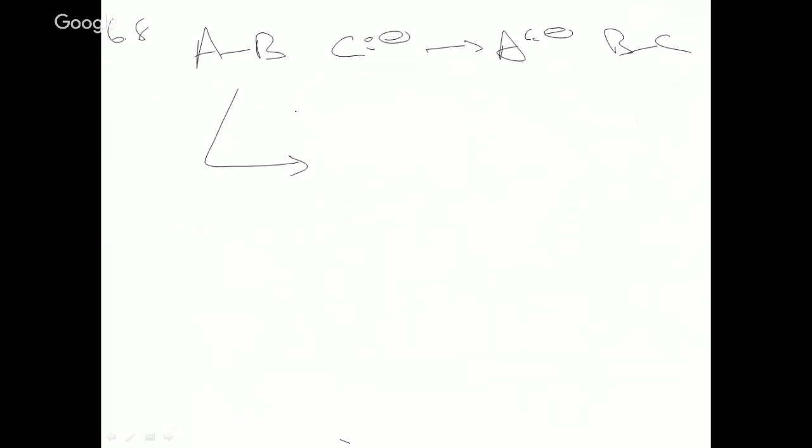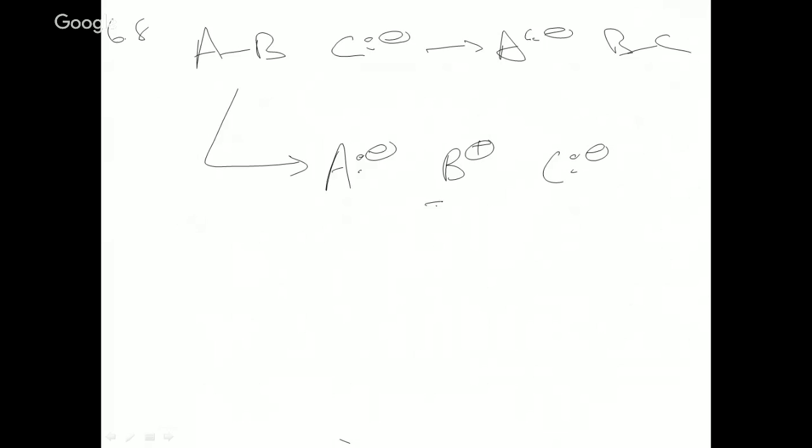All right, 6.8, energy diagram for a two-step reaction, stepwise. Same reaction, but a very different explanation. What we mean is that it's possible for AB to break apart to form B plus and then have C minus.